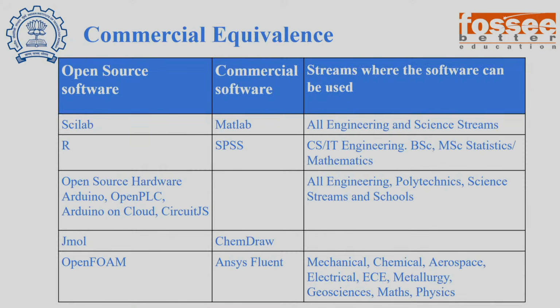And this table shows the mapping, wherein you can see one FOSS against very famous proprietary software. For example, MATLAB is a very famous proprietary software, and we have Scilab for it. So we encourage you to use FOSS wherever possible.